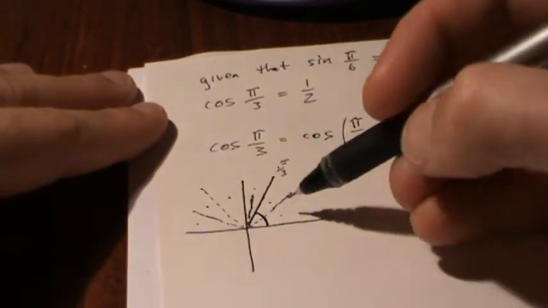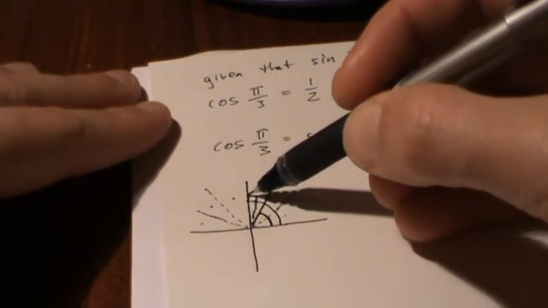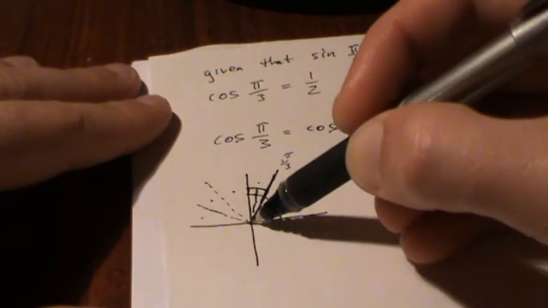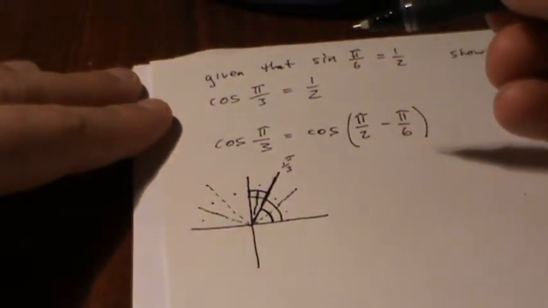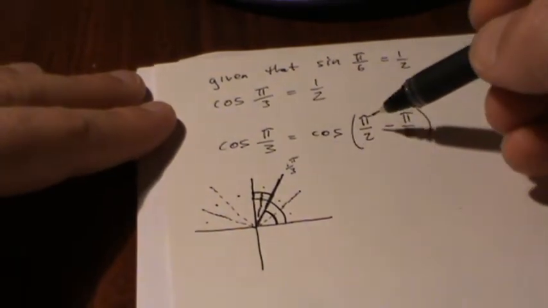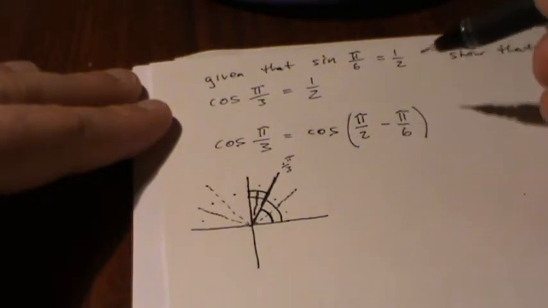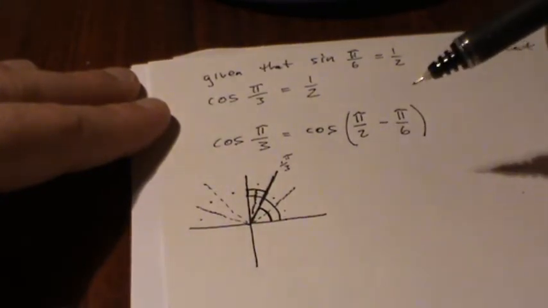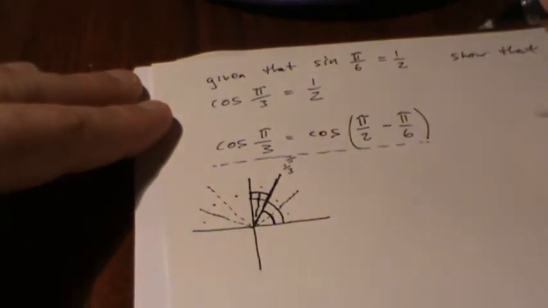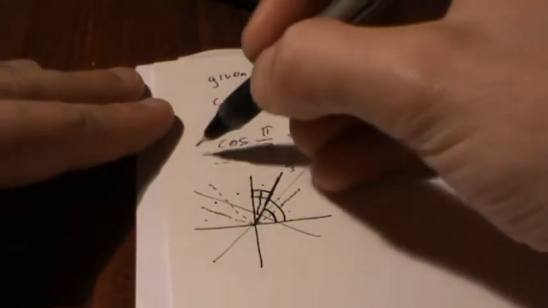Now, if I go to pi over 2, and then I subtract a sixth of a rotation, then I end at pi over 3. So pi over 3 is pi over 2 minus pi over 6. So we start with that. You don't have to show this each time. You can just start with this.